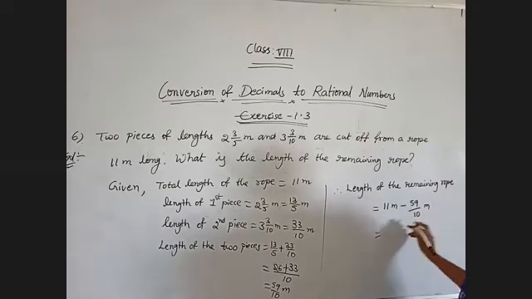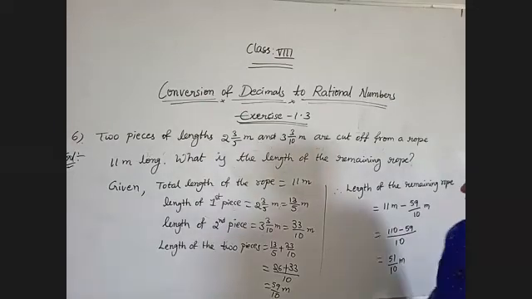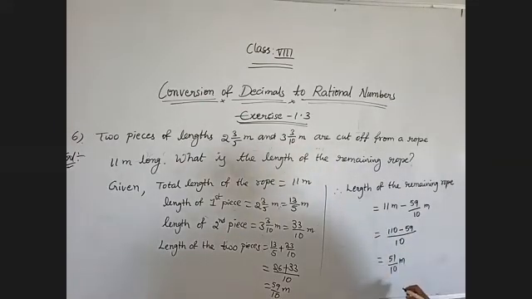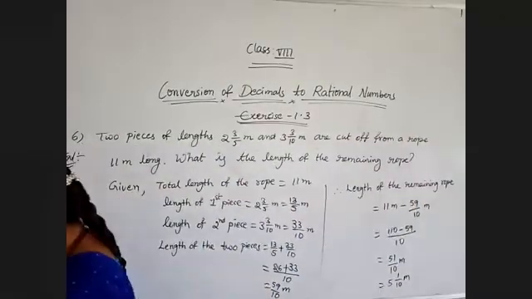Which is equal to 11 into 10 is 110 minus 59 by 10, which is equal to 51 by 10 meters. This improper fraction converted into mixed fraction: 10 5s are 50, so 5 1 by 10 meters. So this is the answer.